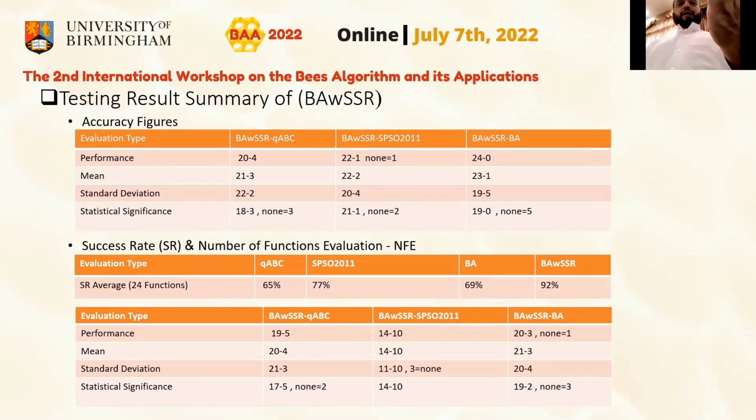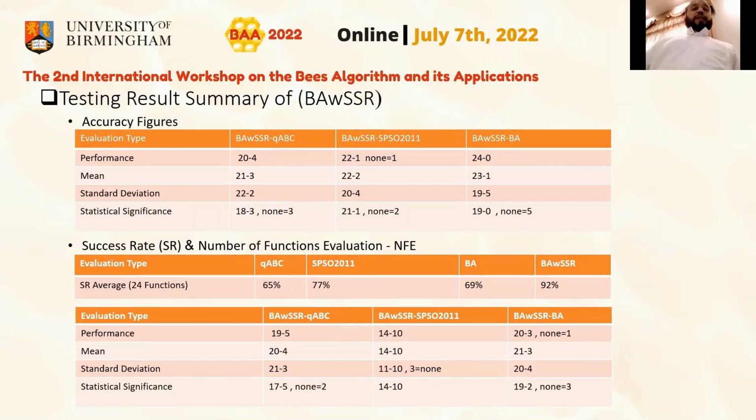For SPSO 2011, the proposed algorithm won 22 benchmark functions, while SPSO won only one, and one was a tie. For the comparison with the BA, the proposed algorithm won all 24 benchmark functions. What I mean by BA is the basic Bees Algorithm.